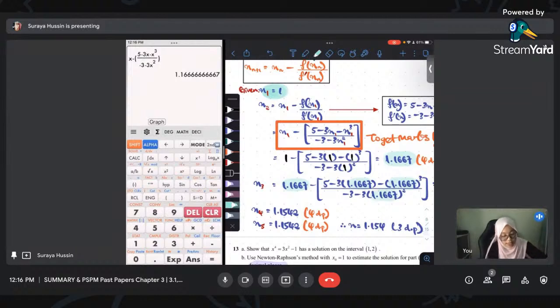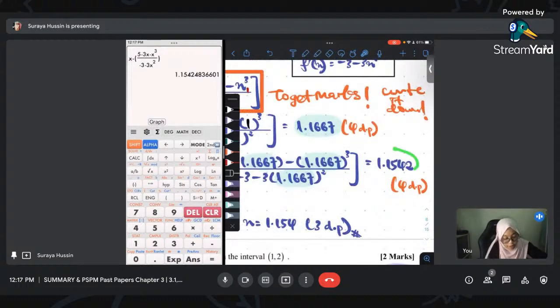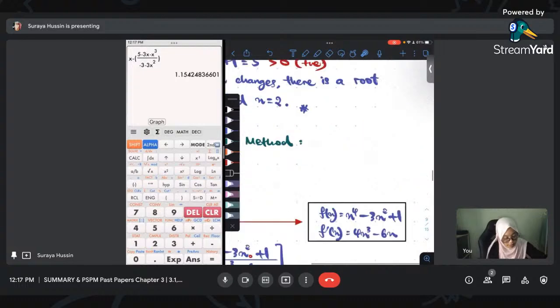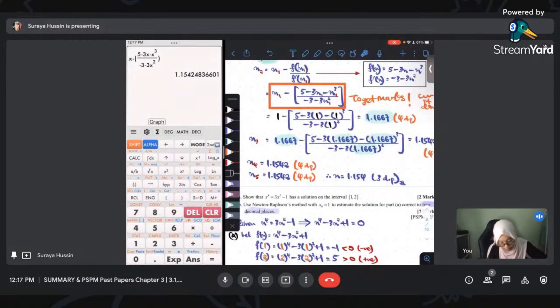Sub it in. Then press calculate, press answer, press equal, and I'll get 1.1542. No need to write it long. Write only up to one more decimal place than asked. Then press calculate answer again, and I'll get 1.1542 again.